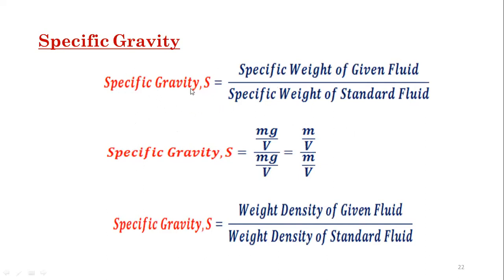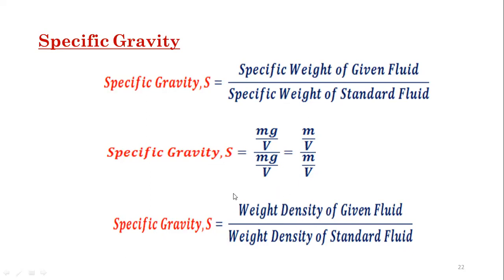Specific gravity is denoted by S, and it is the ratio of specific weight, or you can take it in terms of densities also, the weight density of a given fluid to the weight density of the standard fluid. For example, I need to find the specific gravity of some liquid, some oil. We need to know the density of the oil here.